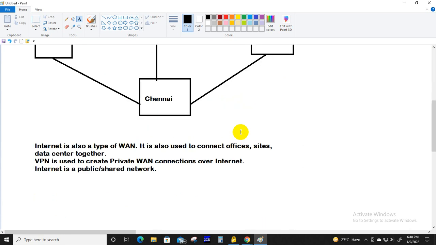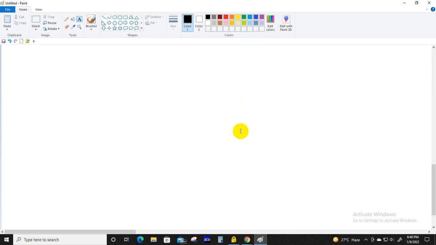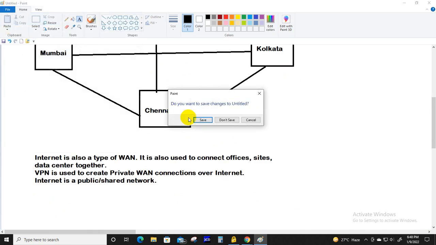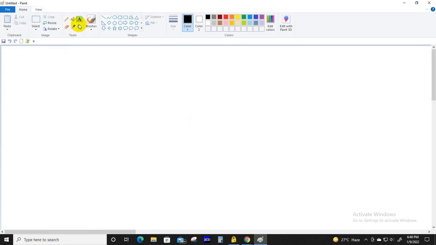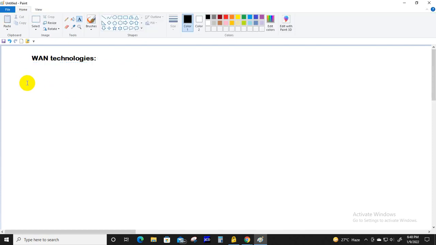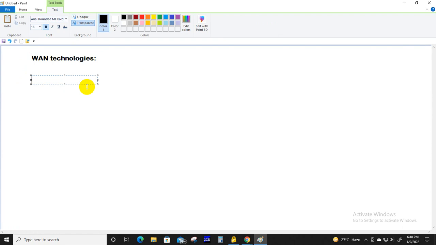So now we start different WAN technologies. The very first we have leased line.